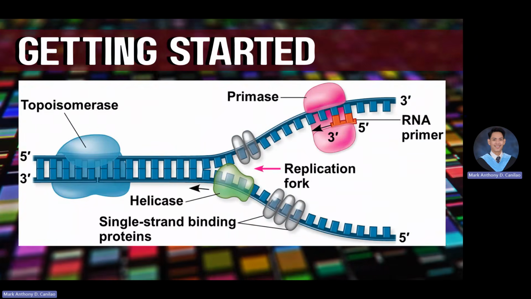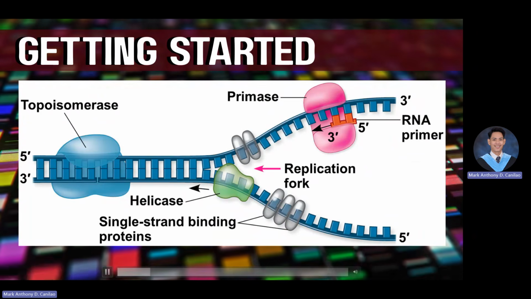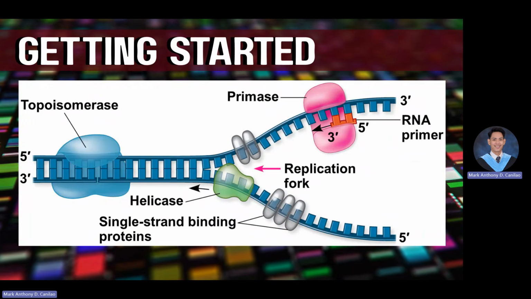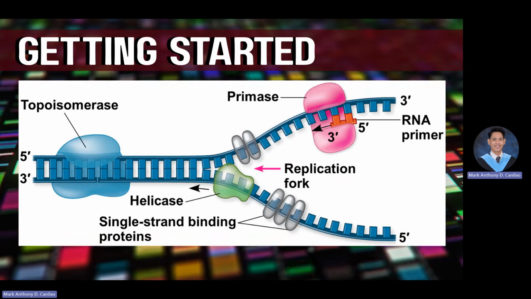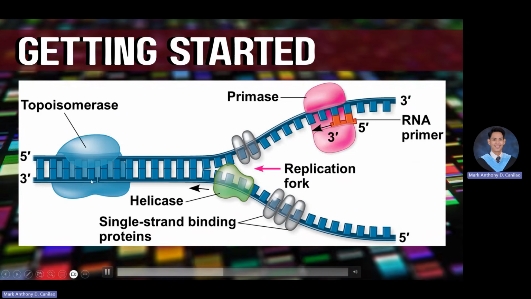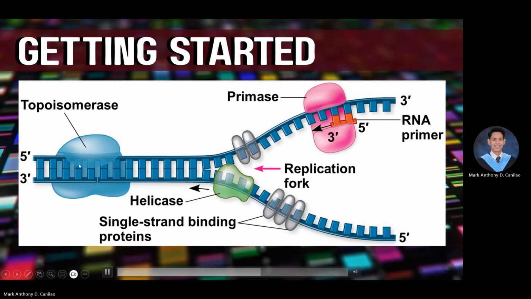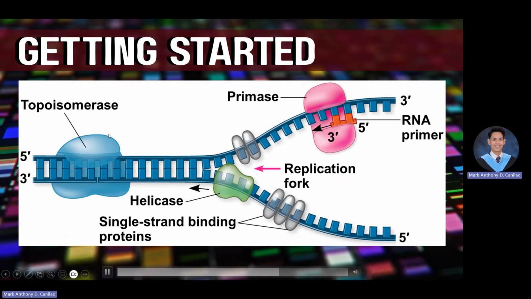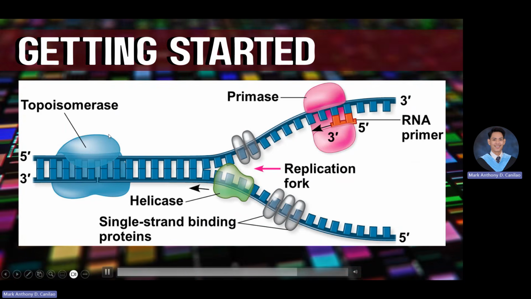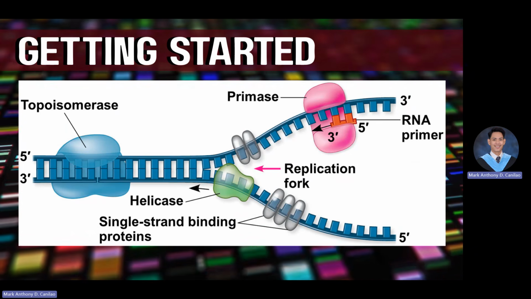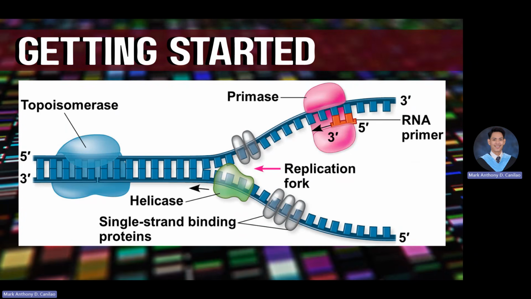Going back, we have the initiation again, which is the first phase of replication. Next one, we have the elongation. If we look at this example, this summarizes the initiation and the elongation phase as a whole. First, topoisomerase relieves the supercoiling of the DNA, and then helicase opens or unzips the DNA, and SSBP or single strand binding protein stabilizes the open DNA.